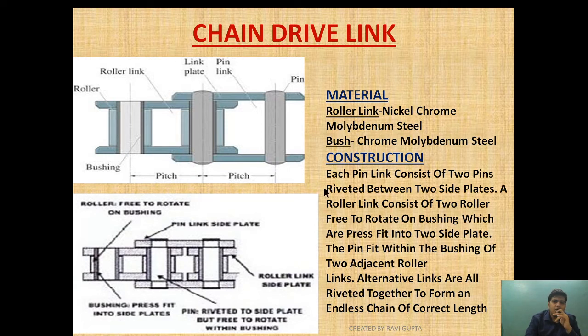Now let's see what I have written here. In construction, each pin link consists of two pins riveted to the two side plates. So this is the pin link, which consists of two side plates riveted to each other. A roller link, this link, consists of two rollers free to rotate on bushings, as I have told you, which are press fitted into the side plates.